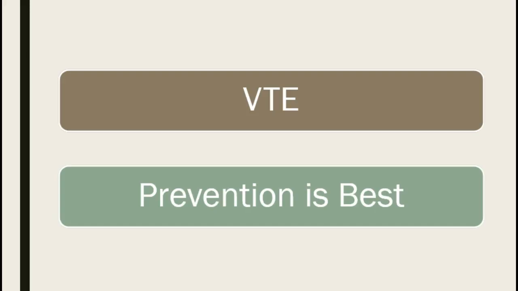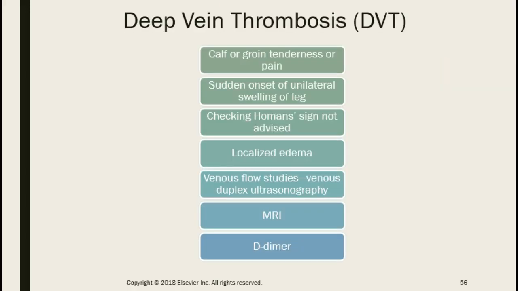It's really important to understand that preventing a VTE is so incredibly important and so much easier to prevent than it is to treat one once it develops. Signs and symptoms of a DVT, which is a type of VTE, are calf or groin tenderness or pain, sudden onset of unilateral swelling of the leg, so on one side, one leg is more swollen than the other.